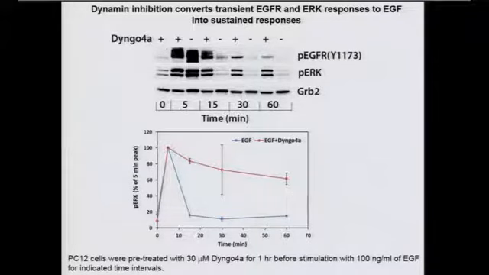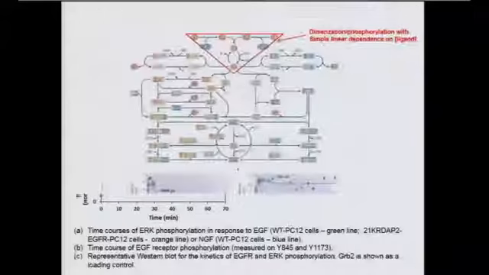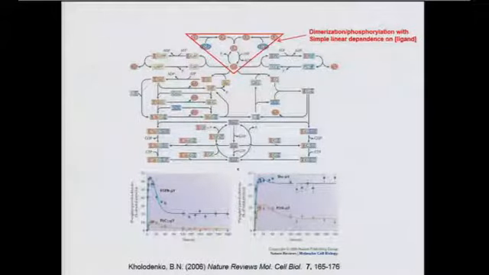By doing that, we can change the transient activation of EGF receptor to a sustained activation of EGF receptor in PC12 cells, effectively by switching off the one negative feedback that we could think of. And indeed, in this context, with this inhibitor, you throw EGF onto these cells, you get growth arrest, and they throw out neurites. So really, it does seem by changing the dynamics of the receptor in that way, we can achieve these differences between sustained and transient signaling.